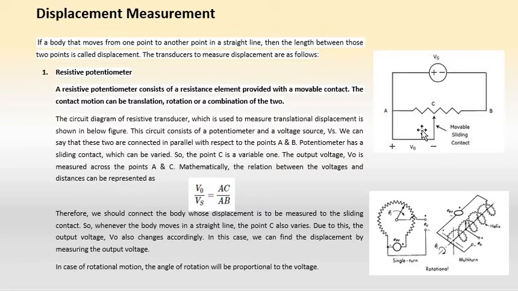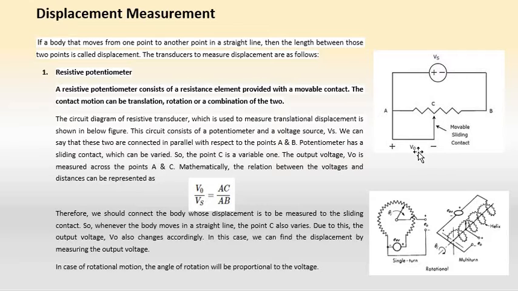So how are we measuring the displacement with this device? The displacement which we need to measure is connected to the movable sliding contact. Whenever the displacement happens, the movable contact slides over the potentiometer from A to B, that is, C varies in proportion with the displacement which we need to measure.